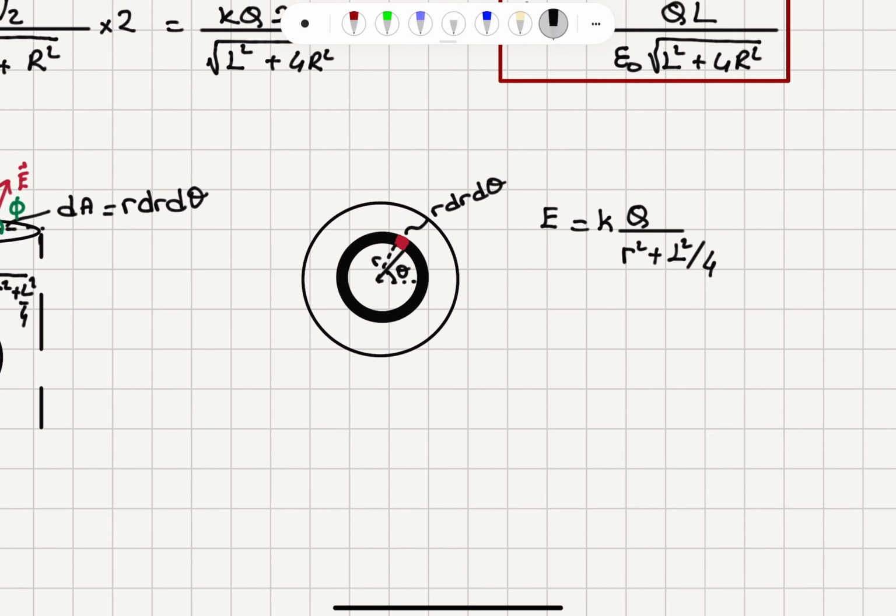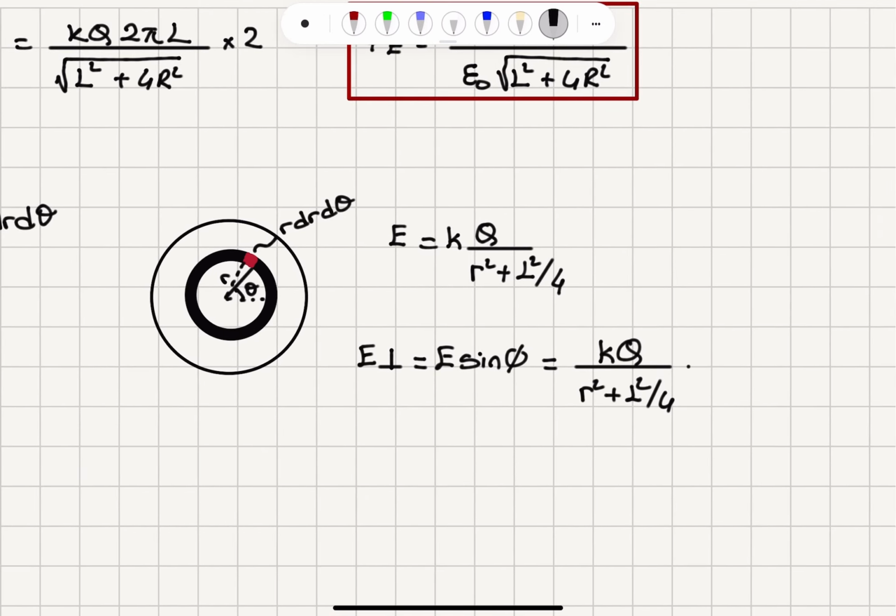All right. So we need to know the component of the electric field along the direction of the area vector, which is E sine phi, and that's going to be equal to the electric field magnitude we have determined using Gauss's law, kq over r square plus L square over 4. This is the electric field due to the uniformly charged sphere.